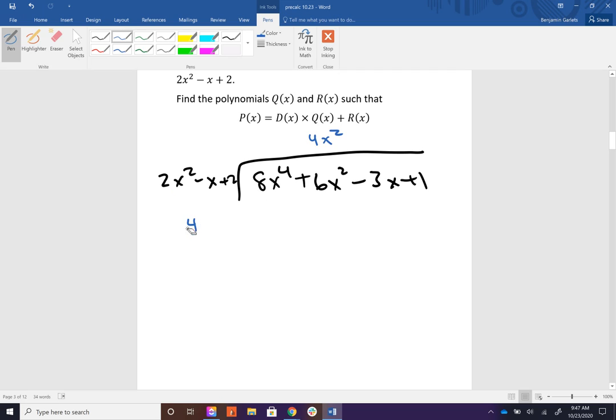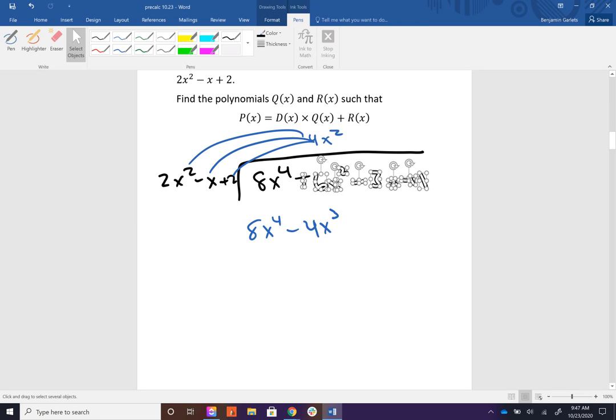And then we want to multiply that through each of these terms. So I'm going to get 8x to the fourth. And then, interestingly, I'm going to get minus 4x cubed. You'll notice that our x cubed term isn't up in our original polynomial because we must have a coefficient of 0.